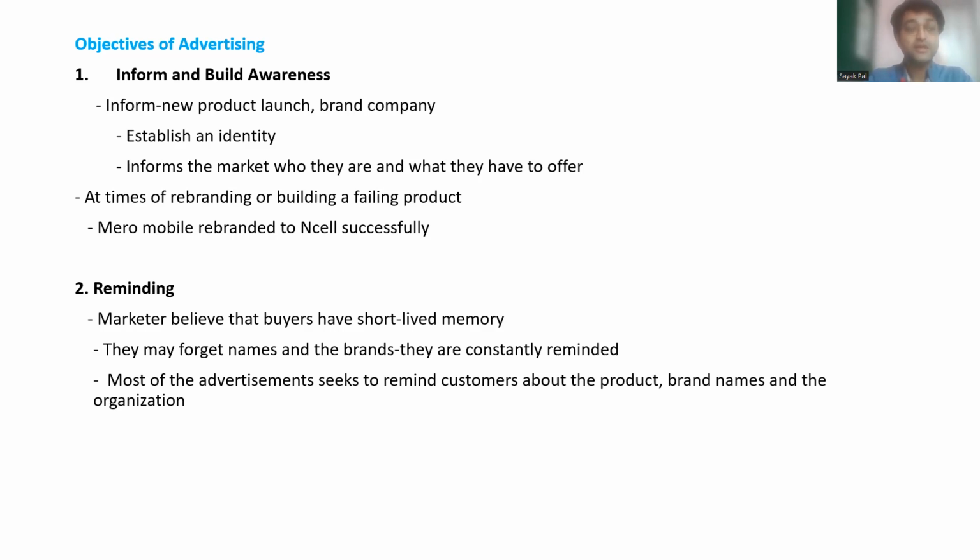From the advertising perspective, information dissemination falls under the cognitive section of the advertisement, where advertising plays a crucial role in informing the consumer or target audience about the existence of that particular product or service or idea. What we have already talked about, right? So, inform and build awareness.